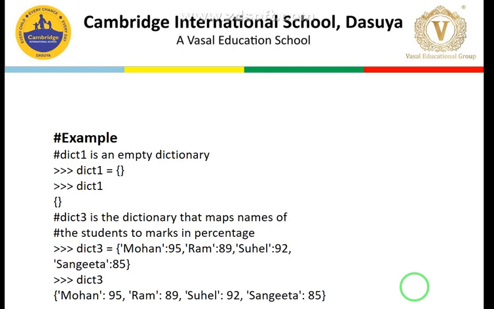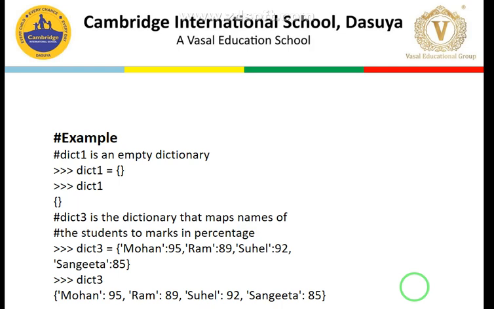In this example you can see the first, dict1, is the empty dictionary. Then we created another dictionary, dict3, where we had the item Mohan, with Mohan acting as a key and 95 as the value. Combined together, Mohan as key and 95 as value becomes one item.